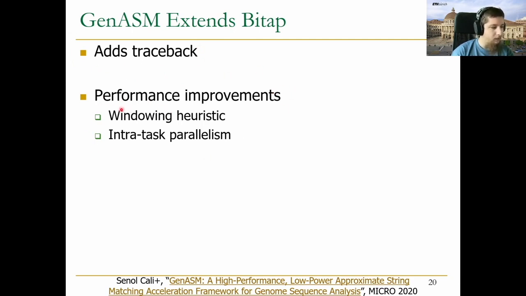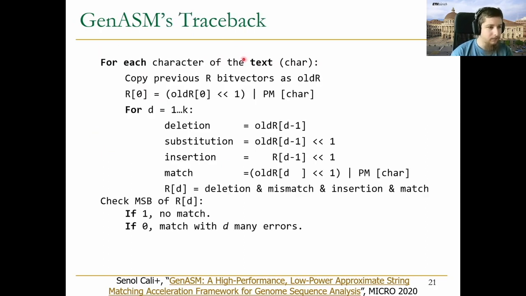They showed the windowing heuristic, and that there's actually parallelism in this algorithm. Let's not get into these, but let's quickly look at this traceback thing, which is a necessity for us.